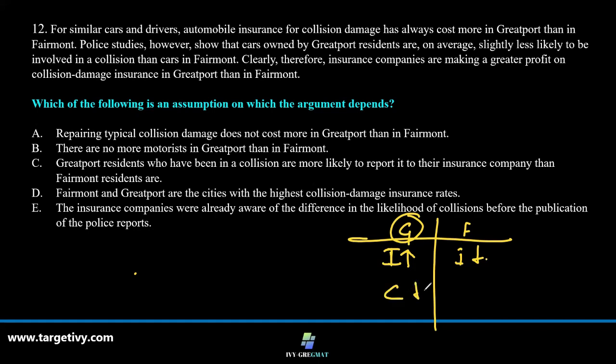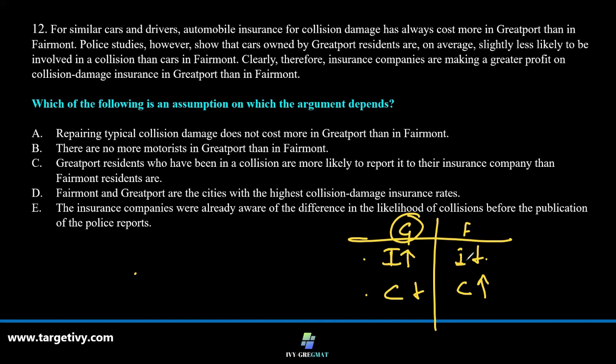So there is a paradoxical situation: the insurance is costly while the collision is less. Because the insurance companies bear the cost of repairs and the damages, if there is a high number of collisions, that means more money the insurance company has to pay towards repairs and damages. So in that case, insurance should be costly in Fairmount.